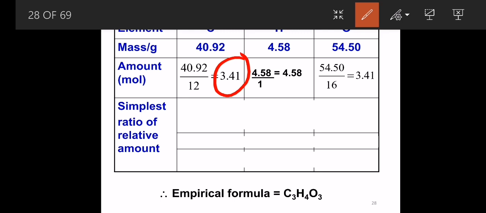And then for the hydrogen, 4.58 divided by 1.0, you will get 4.58 mole. And then lastly for the oxygen, 54.50 divided by 16.0, you will get 3.41.